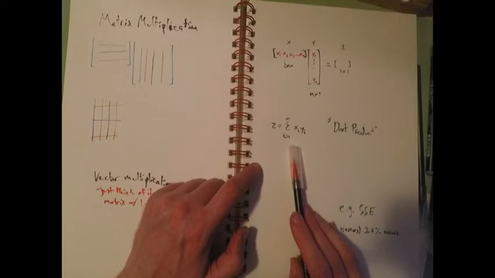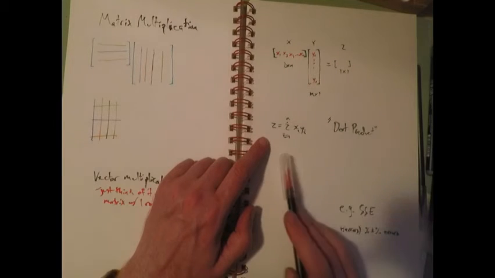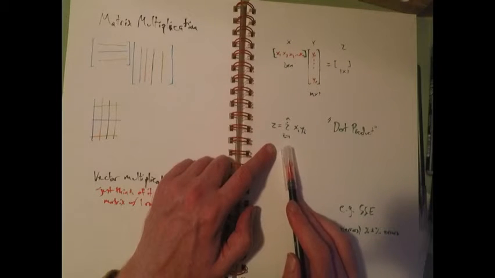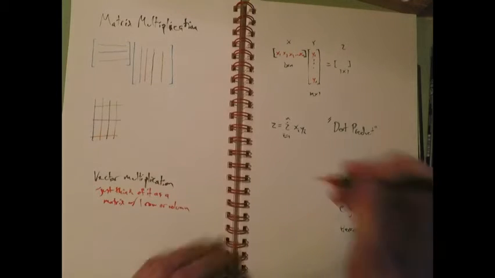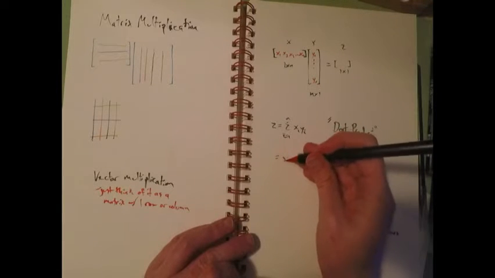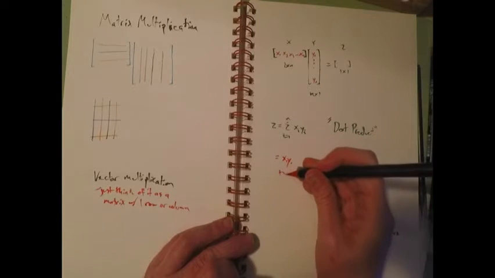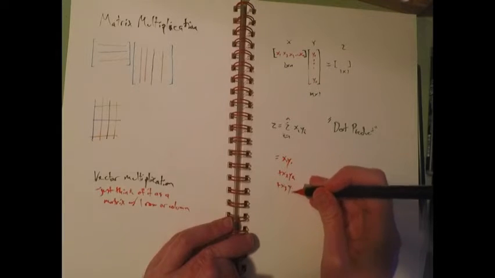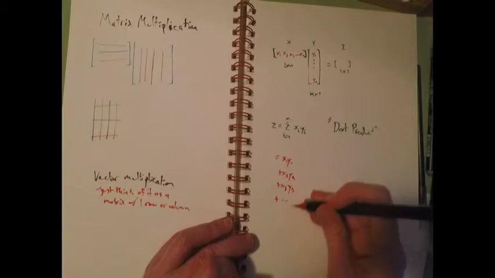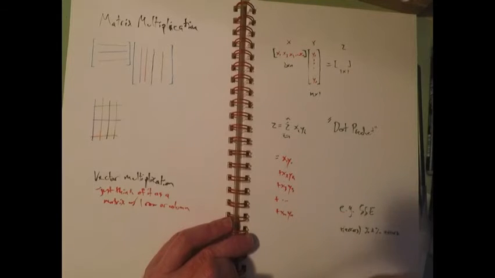The simplest way of putting this is a really simple thing to do with the right notation. So z is the sum from i equals 1 to n of xi times yi. Now what does that mean? That means x1 times y1 plus x2 times y2 plus x3 times y3, and so on all the way down to xn times yn.